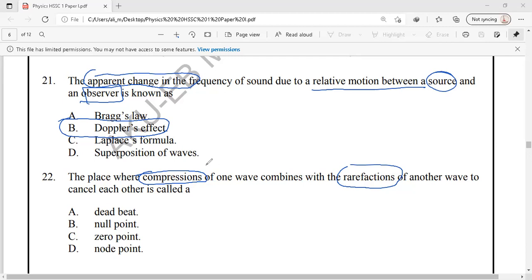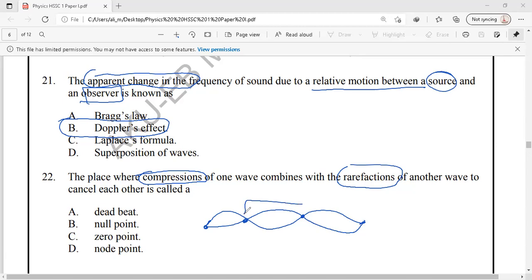The question is with reference to a standing wave, and this is the point where compressions and rarefactions meet and cancel out each other's effect.